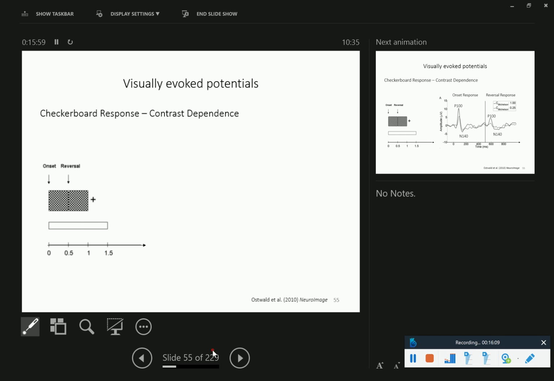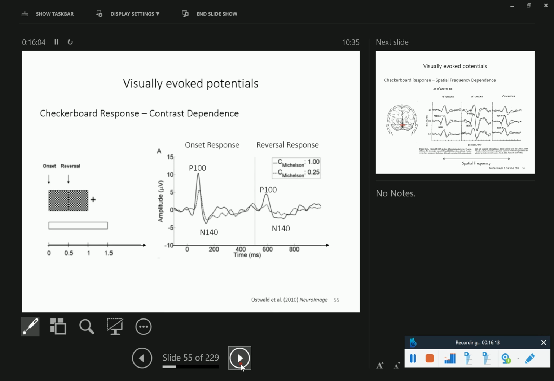And what one then observes is here shown for electrodes on the contralateral side of the cortex to the presentation of the checkerboard.